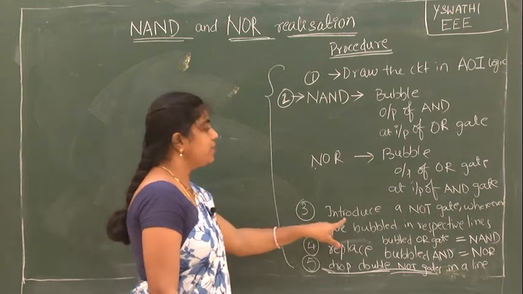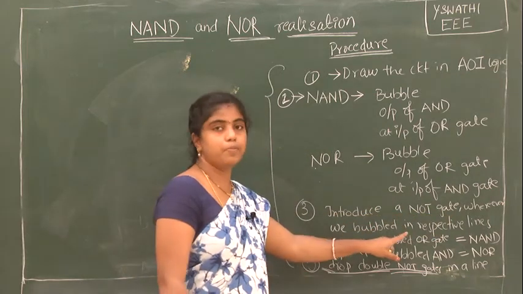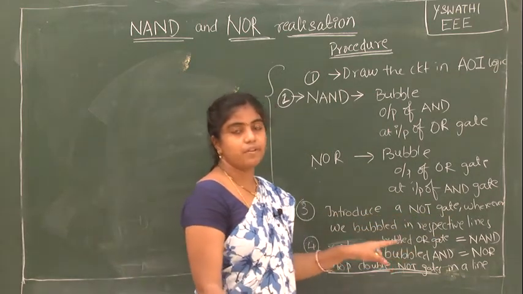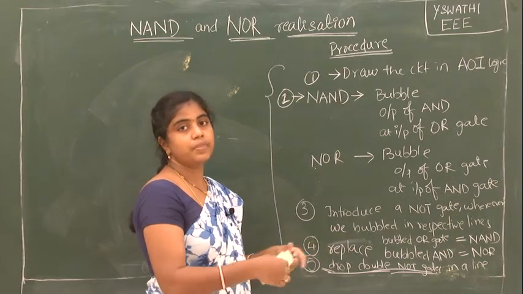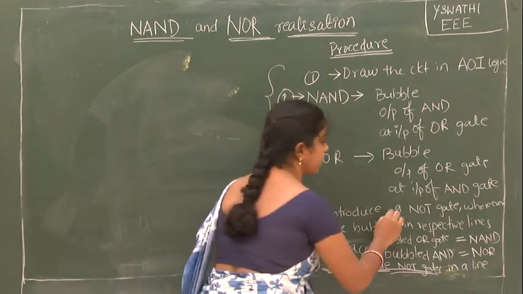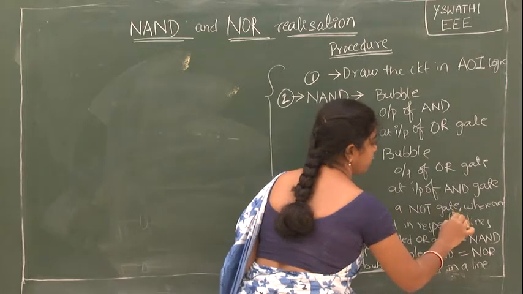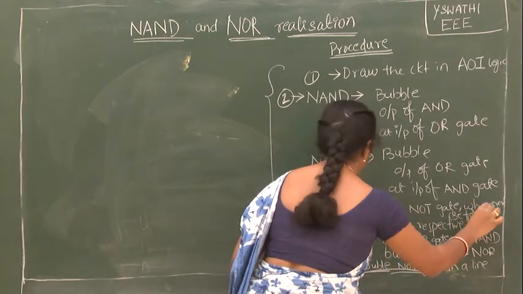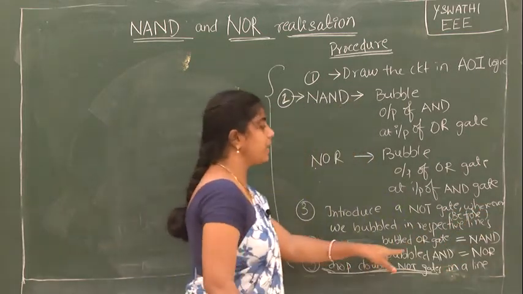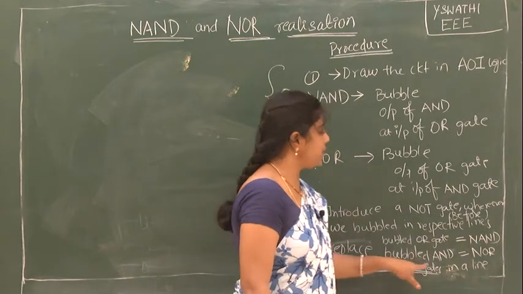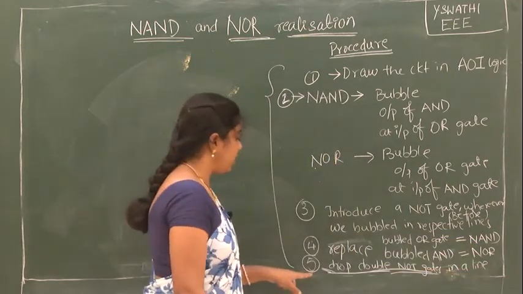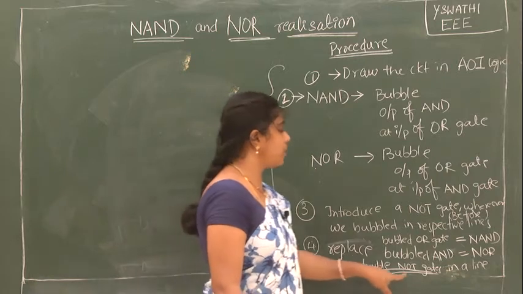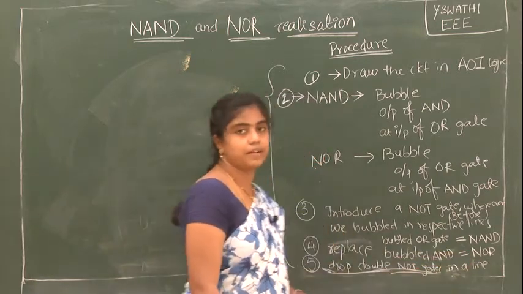After that, introduce a NOT gate wherever you bubble, before the line. Then replace a bubbled OR gate with NAND gate, and replace a bubbled AND gate with NOR gate. And the final step is to drop the double NOT gates in the same line.